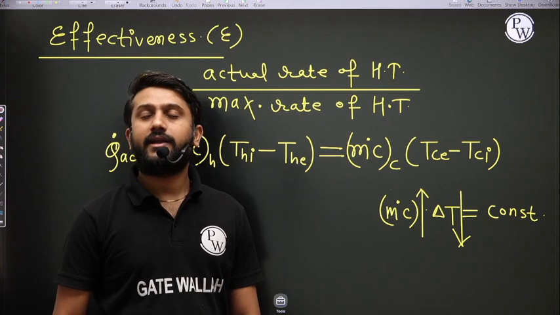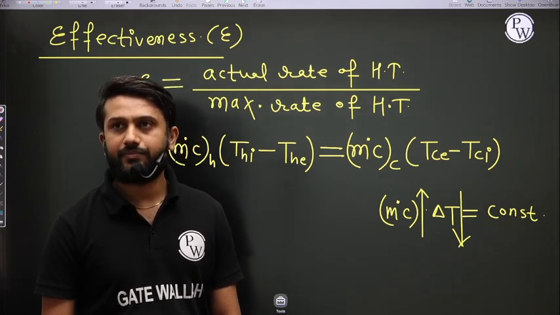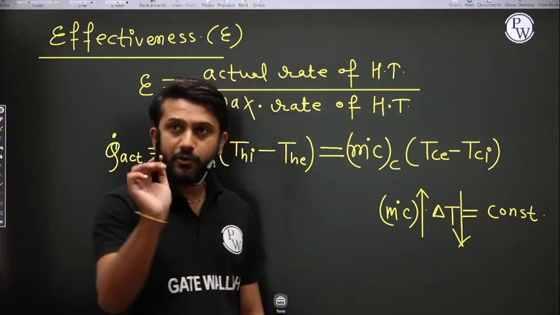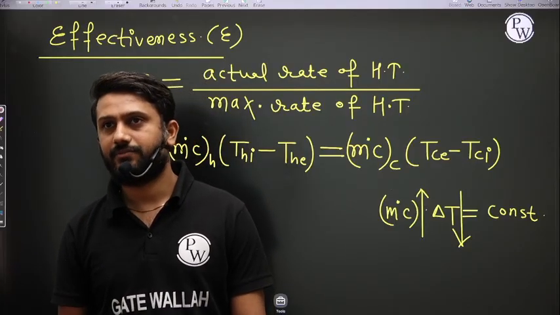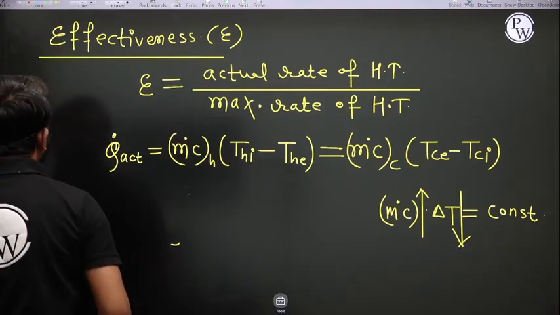Or if heat capacity rate is less, the delta T will be more. So remember this concept. The product of heat capacity rate and the temperature difference is constant. This concept is used here.